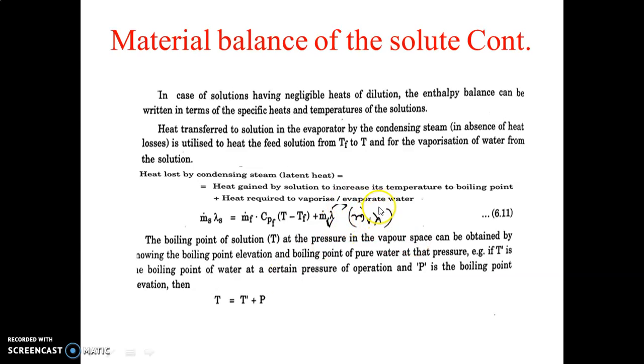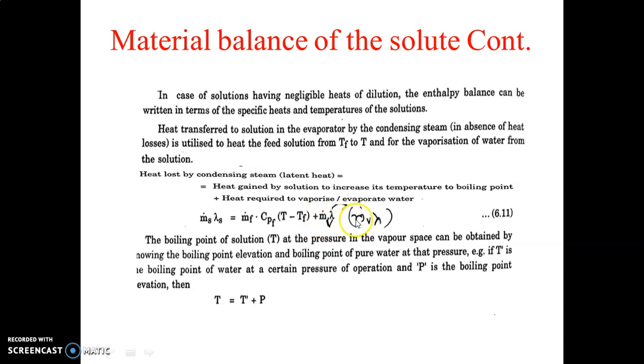This lambda is the latent heat of vaporization of water at a given temperature. So by multiplying these two quantities, we get m dot v multiplied by lambda.